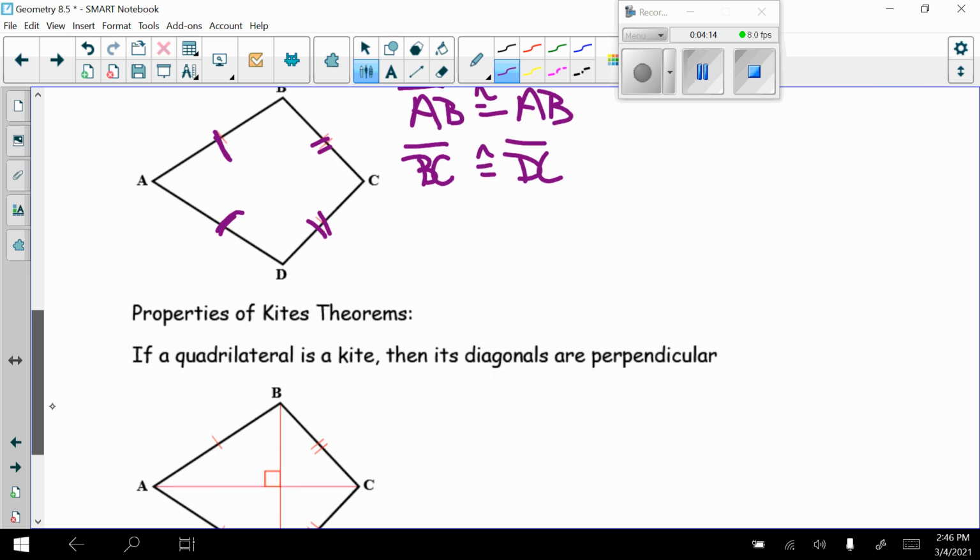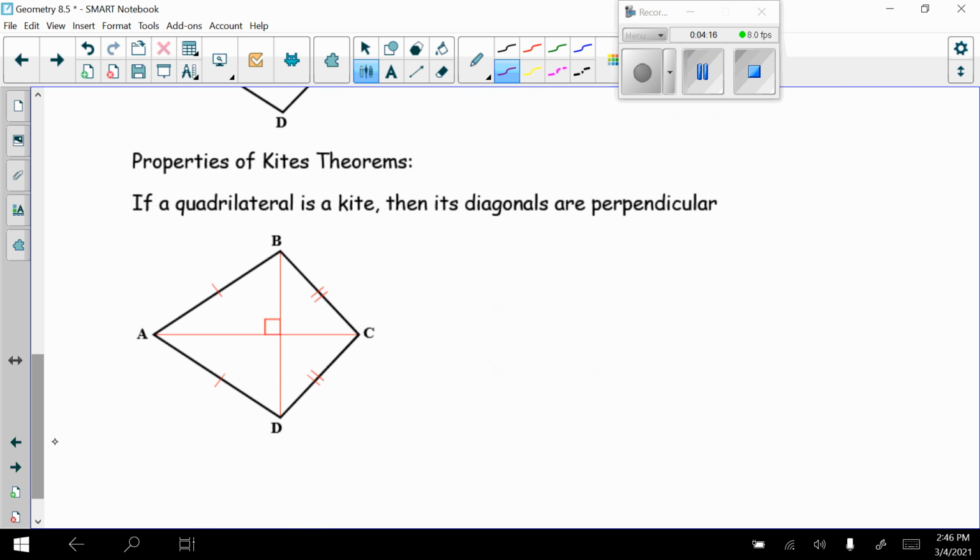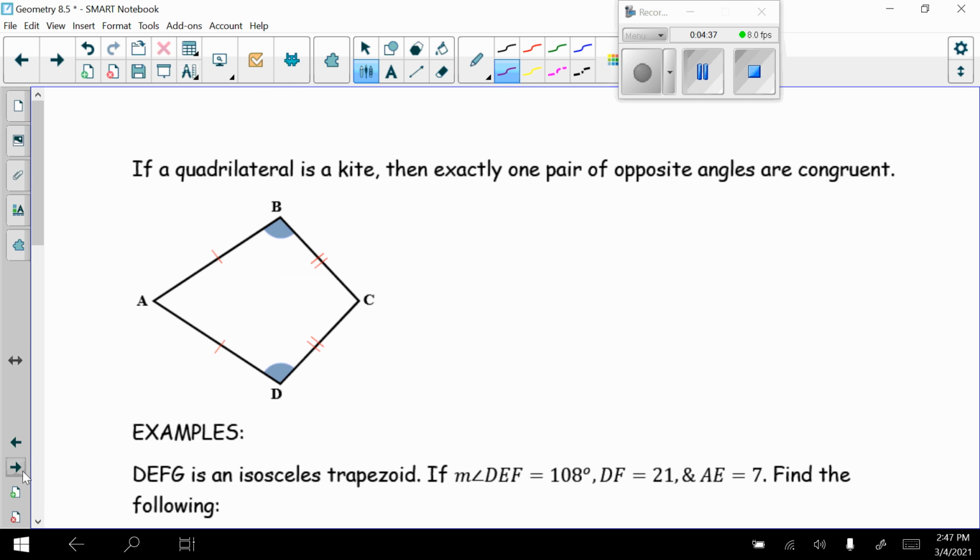So let's talk about some properties of kites. If a quadrilateral is a kite, then its diagonals are perpendicular. So AC is perpendicular to BD. So again, I know that all four of those angles inside my kite are going to be 90 degrees. One more property of a kite. If a quadrilateral is a kite, then exactly one pair of opposite angles are congruent.